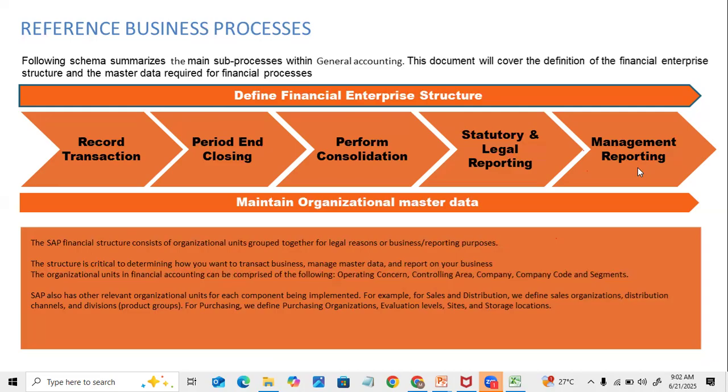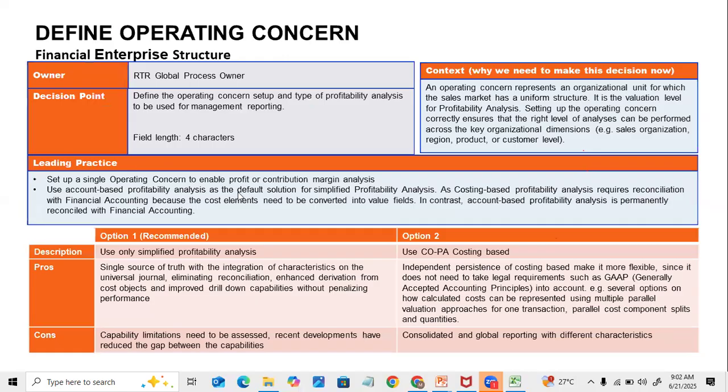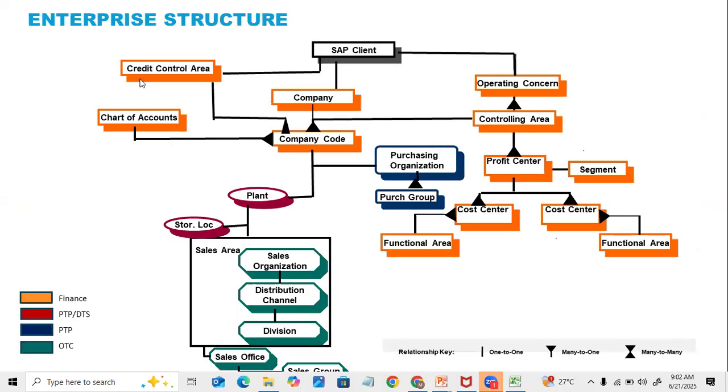Having the cost of production, they can determine the selling price of the product. All this information covers how we record the cost, how we prepare the books, how we submit the financial statements to the legal authorities, and how you prepare your management reporting. This is the KDD, key decision document. This is not needed for you; I just want to show you the overall org structure.